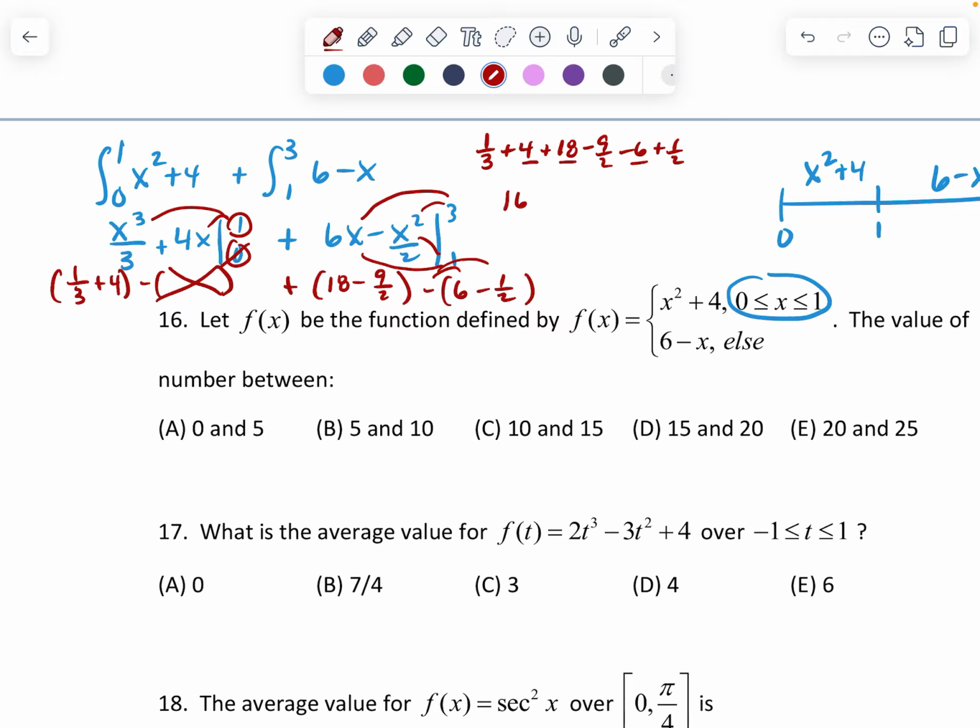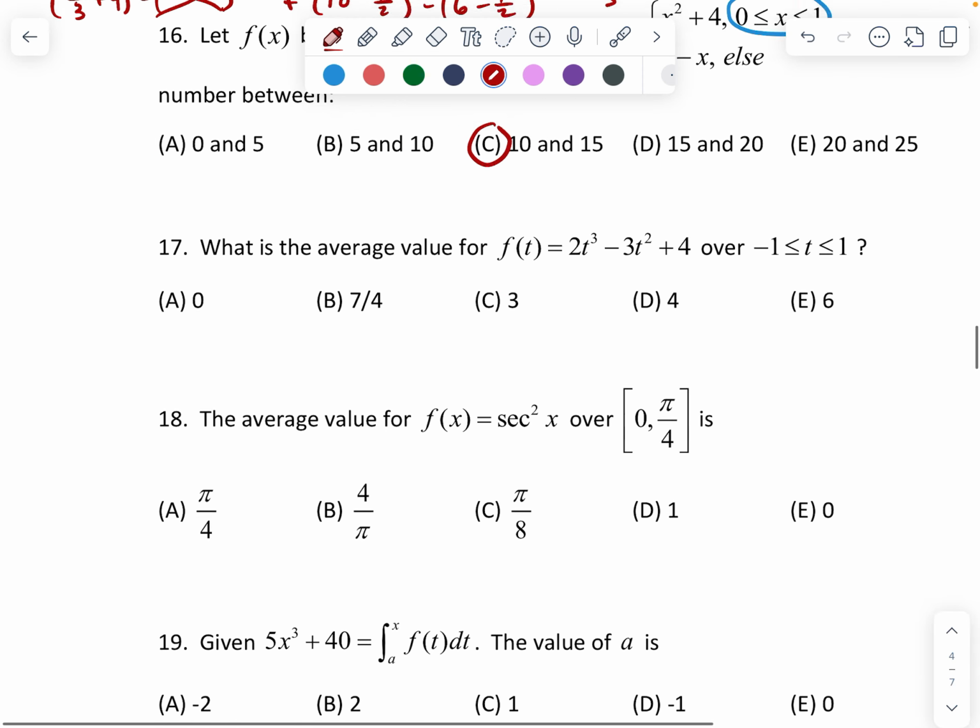Okay, and then if I add my fractions, negative 9 over 2 plus 1 over 2 is a negative 8 over 2. And then I still have the 1/3. So this ends up being 16 minus 4 plus 1/3. 16 minus 4 is 12. 12 plus 1/3 is 12 1/3. So kind of a funky question. It has to be between 10 and 15, so your answer would be C.